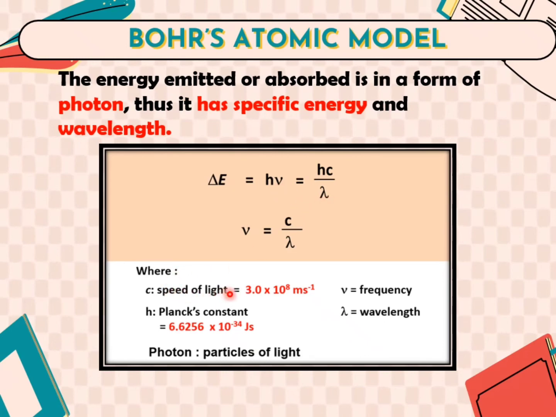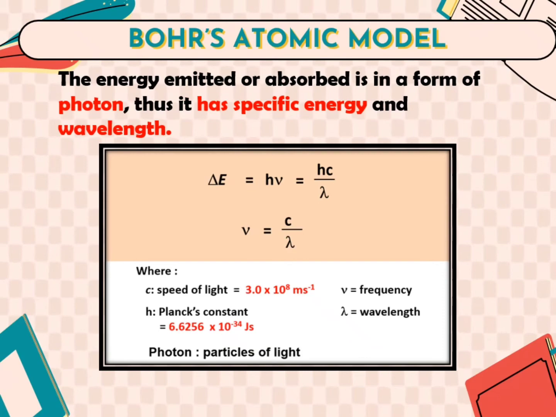So the speed of light is actually a constant value, and same with H. H adalah Planck constant. So the value is 6.6256 times 10 power of negative 34 joule second. Okay, so all these values here you tak perlu hafal because we have in the list of constant value. So ini adalah formula yang you boleh guna if you want to calculate the change of energy.